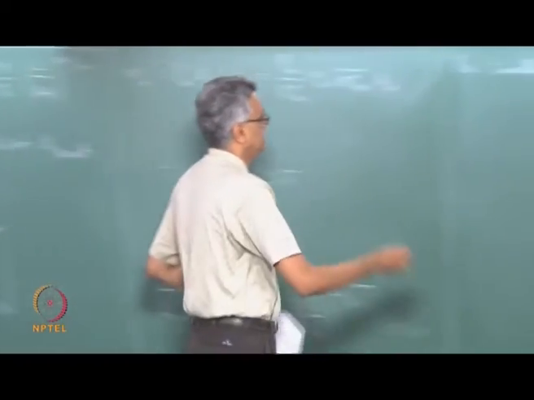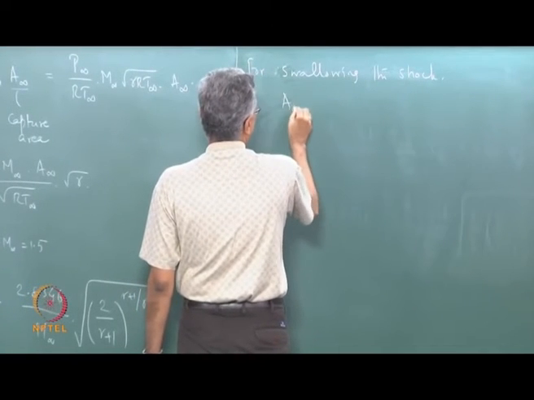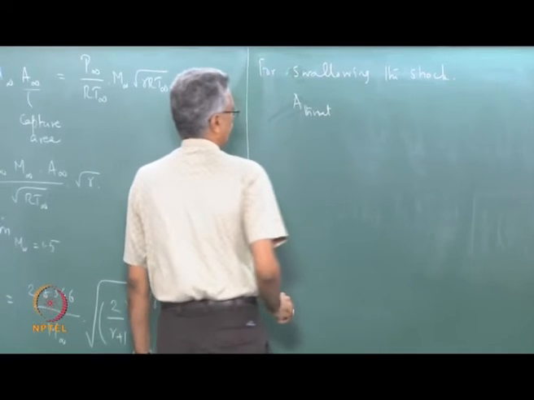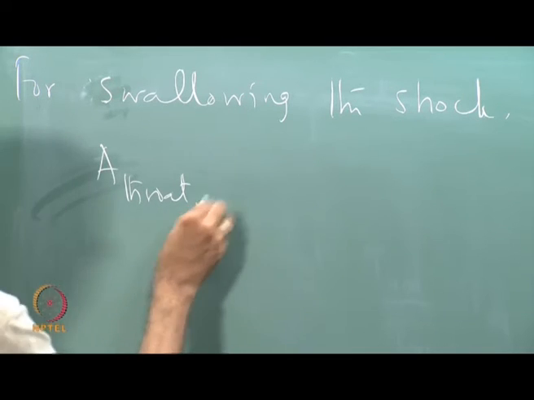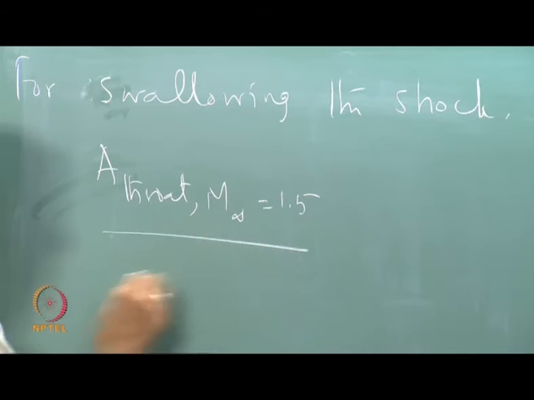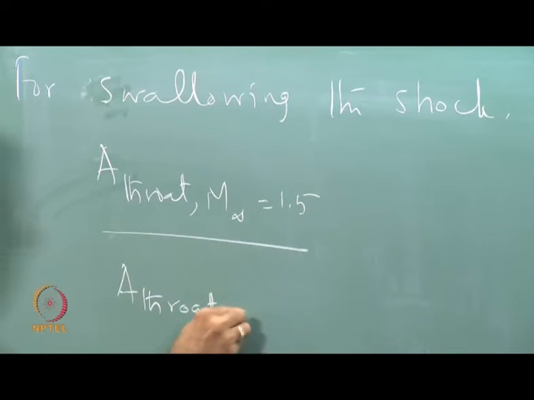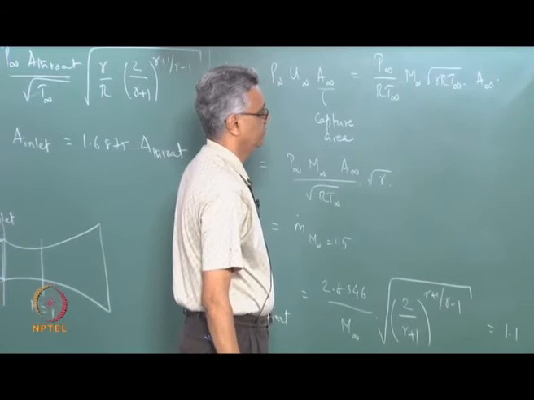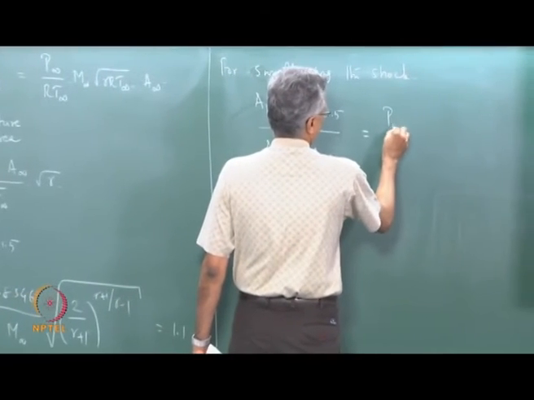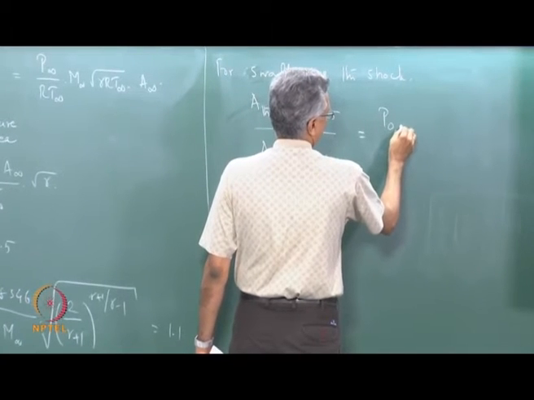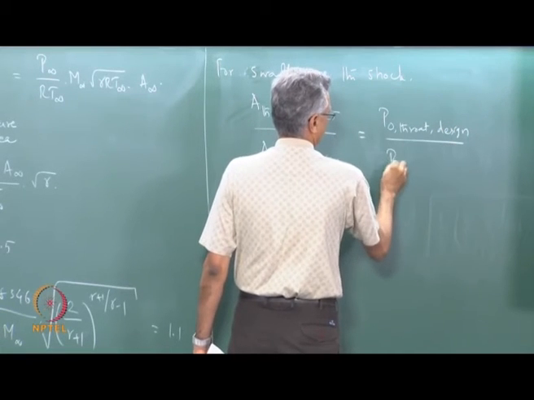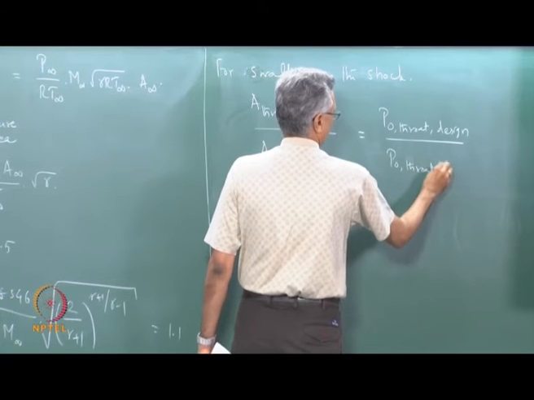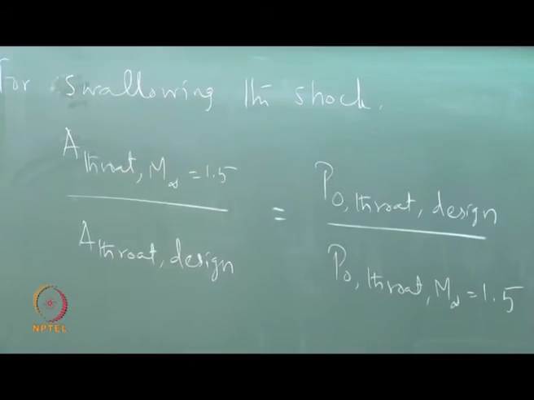So, in this case we say that for swallowing the normal shock, A throat divided by A throat design is equal to P0 throat under design condition divided by P0 throat, and the Mach number becomes 1.5.